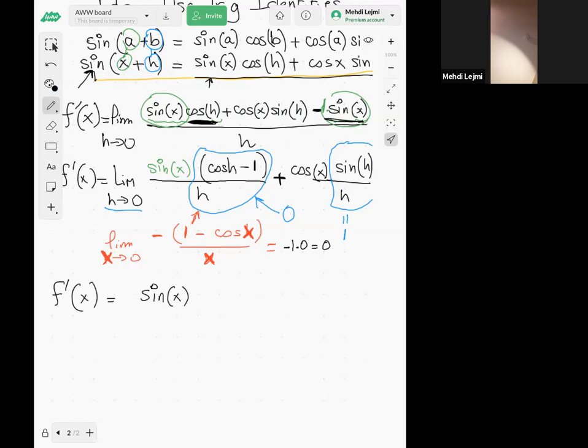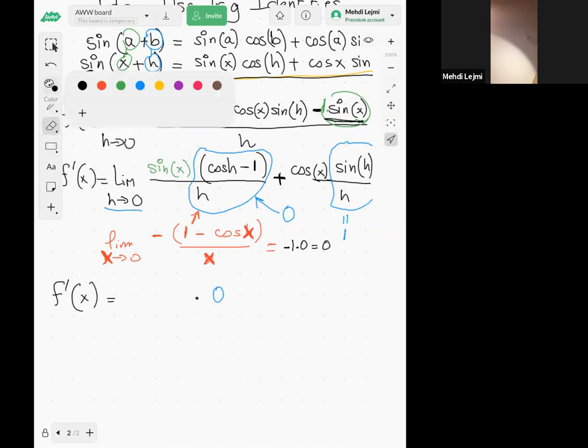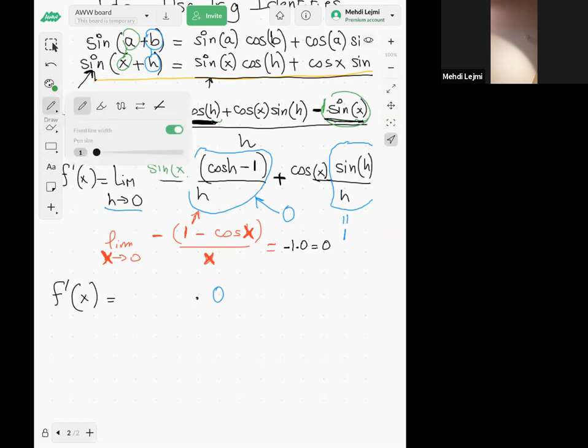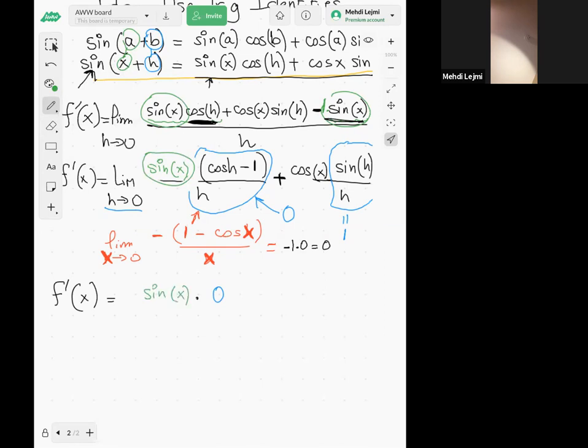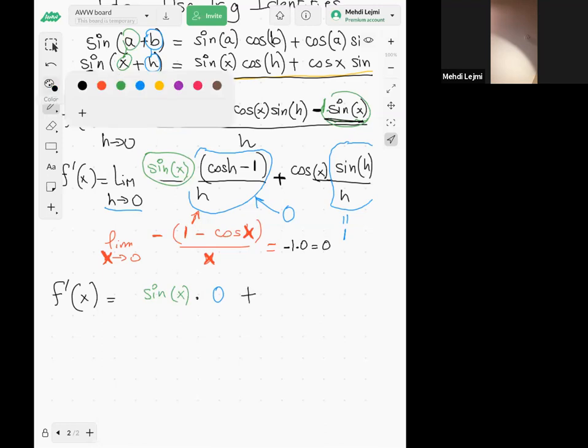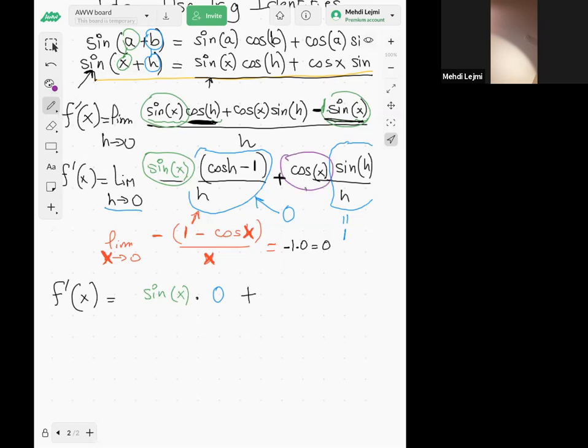So this is sine of x times 0, my 0 here, plus cosine of x times 1.